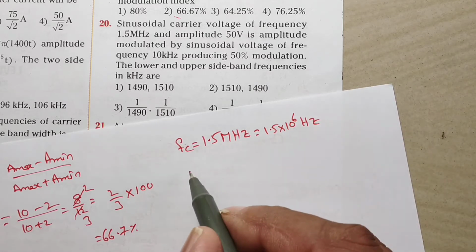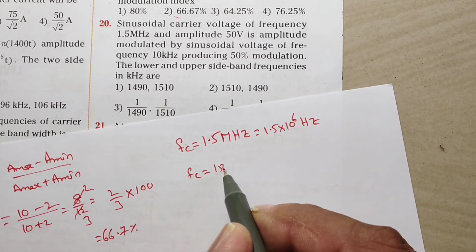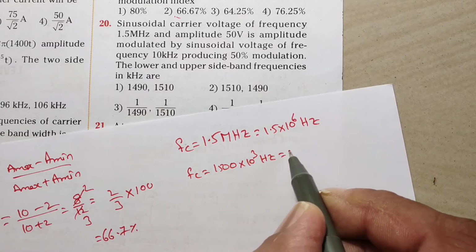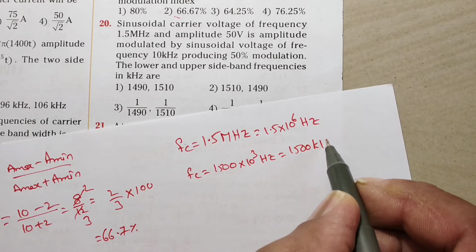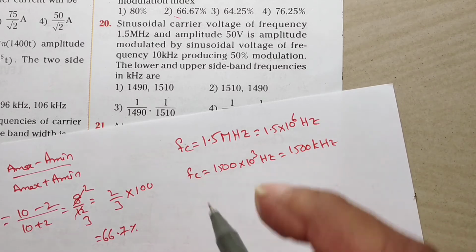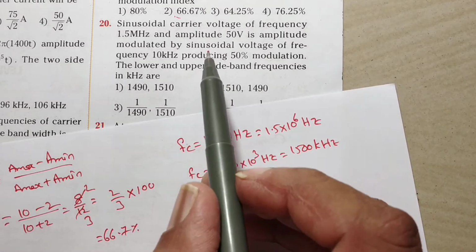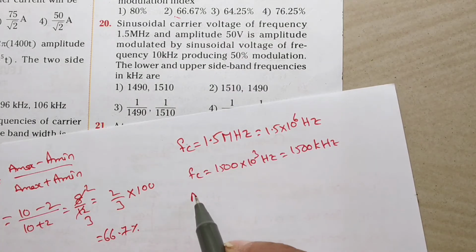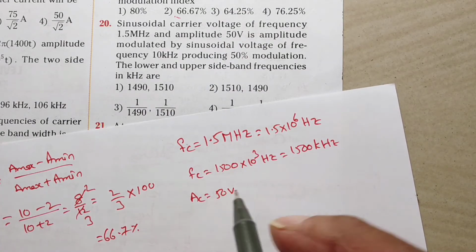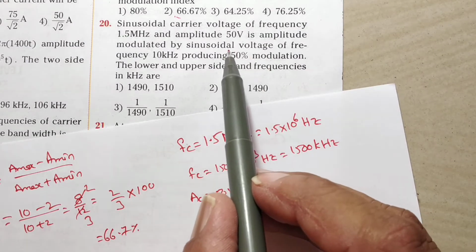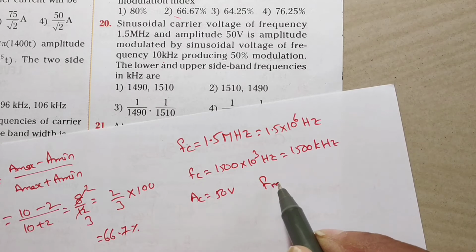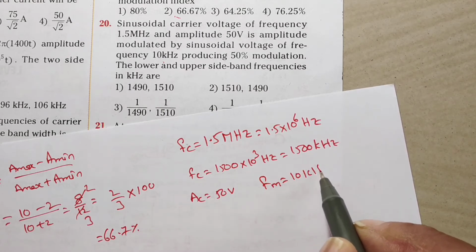We rewrite it as FC is equal to 1500 into 10 to the power of 3 hertz, which means 1500 kilohertz. And the amplitude AC they have given is 50 volts. And the sinusoidal frequency FM they have given is 10 kilohertz.